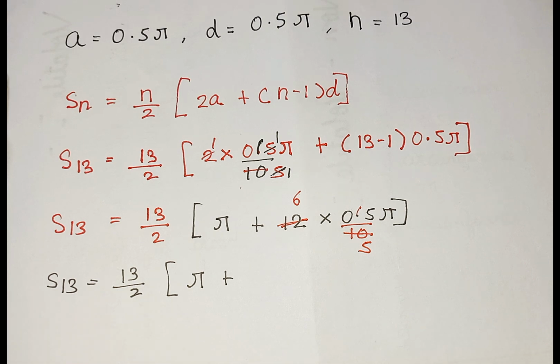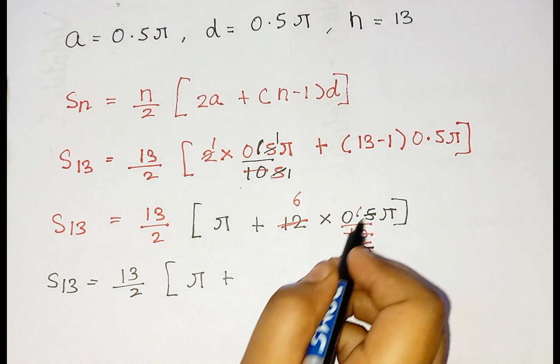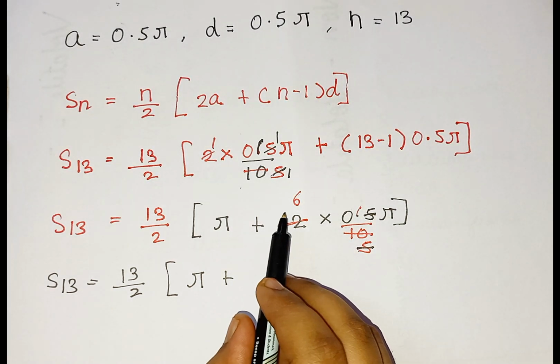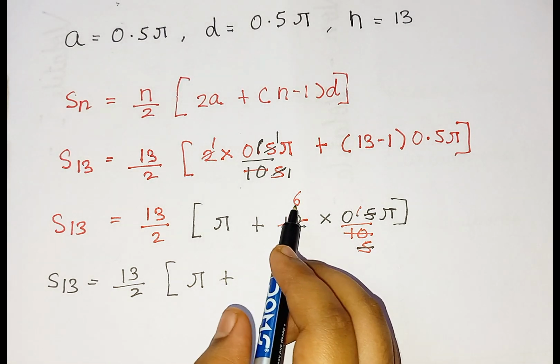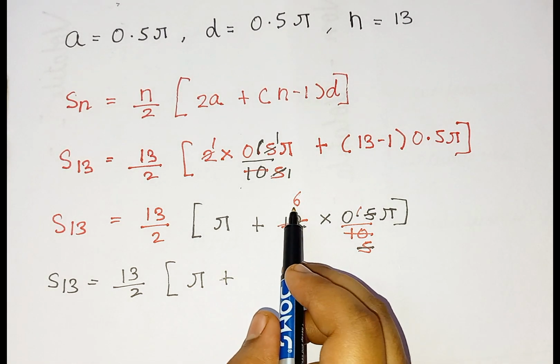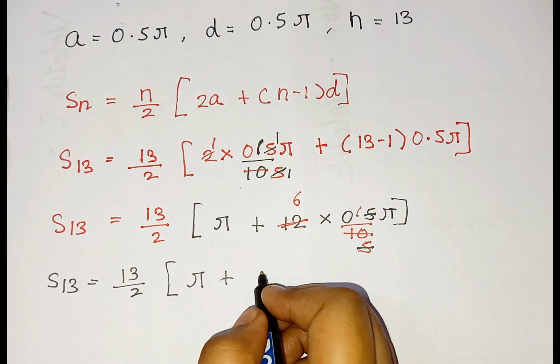Now I have 5 here, here also I have 5. We can cancel it. So what are the left out values? We have 5 into pi. Sorry guys, this is 6, not 5. So now the left out value we have is 6 into pi, so 6 into pi is 6 pi and close the bracket.